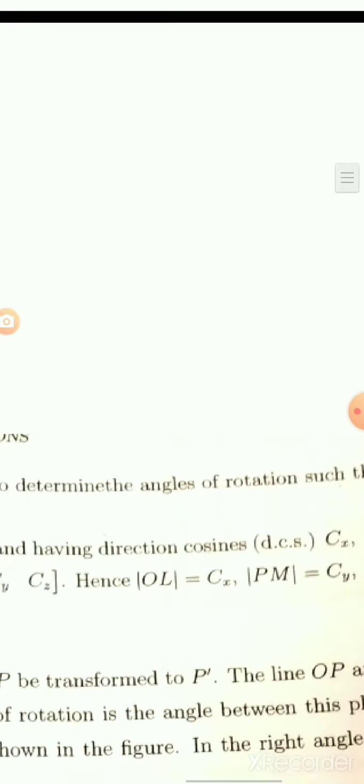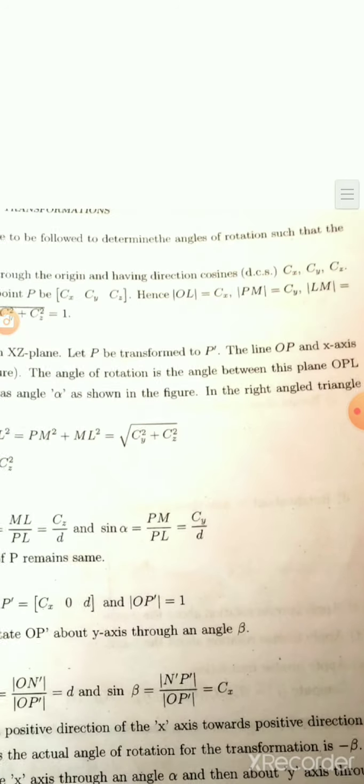Therefore cos beta equals mod of O N dash upon mod of OP dash, which equals D, and sin beta is N dash P dash upon mod of OP dash, which equals Cx. Since we rotate about the y-axis from the positive direction of the x-axis towards the positive direction of the z-axis, it is a negative rotation. Thus the angle of rotation for the transformation is minus beta.